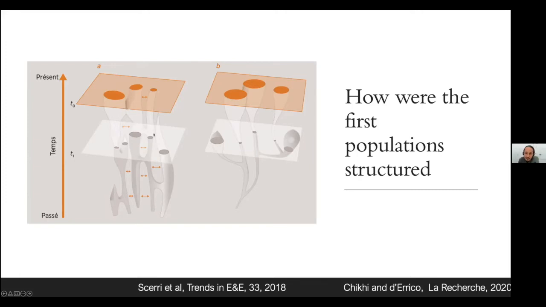And the point they were making in these reviews, which is a very good point, is that most geneticists tend to think about the history of populations in models that look like B here, where we have present day populations. And as we walk back in time, these merge together into ancestral populations. And as you go further back in time, everything becomes very simple.